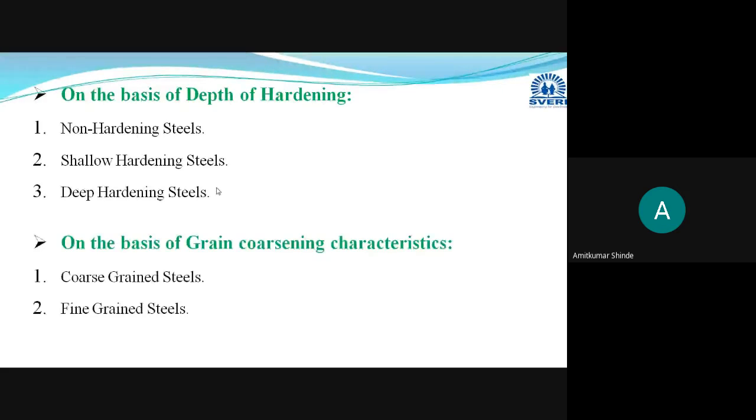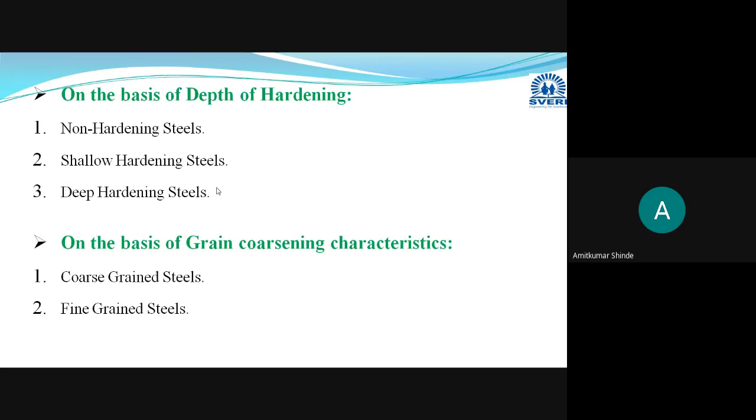When the grain size of a particular material increases as we increase the temperature, that effect is termed grain coarsening. In short, particle size increases when we provide heat to that material.